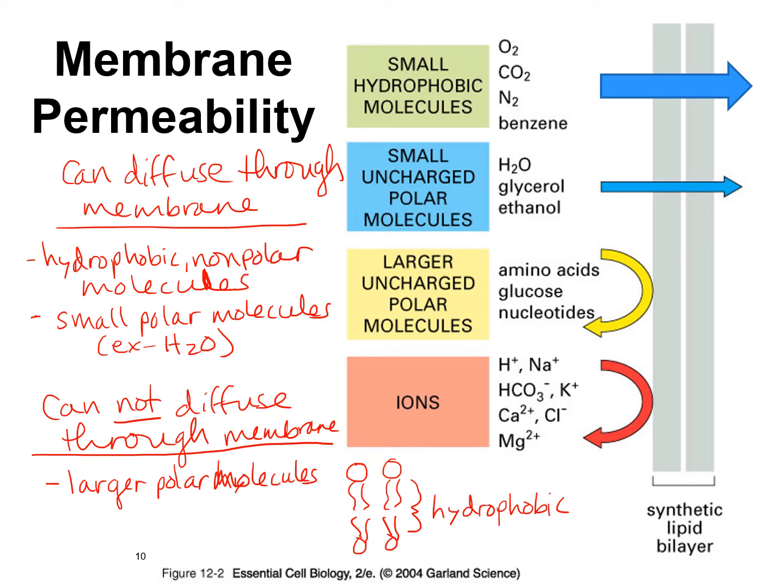So these would be things like glucose and amino acids, and then ions. So like sodium ions, chloride ions, they're also going to get stopped. So these things are all hydrophilic, and so they're not going to be able to cross the membrane unless there's a transport protein to get them across.